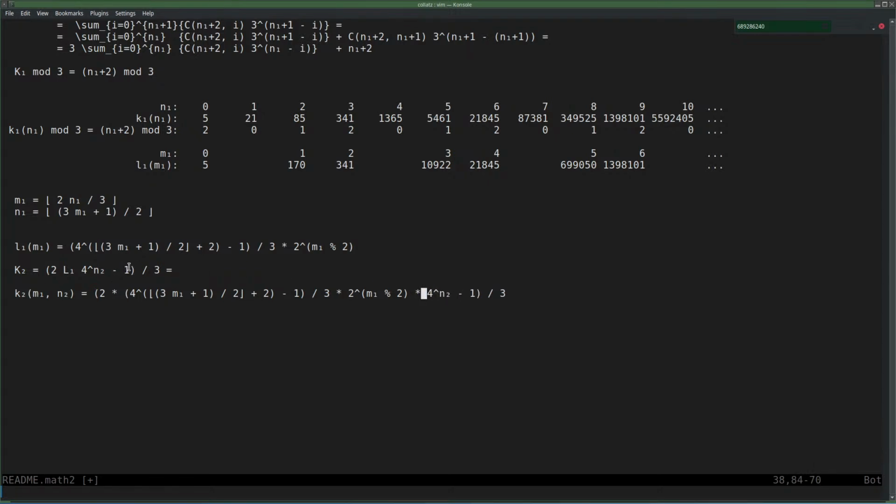And now we subtract 1 and divide by 3, and then everything else here is the L1, which was given here. Which is 4 to the power of something with a floor in it. And then subtract 1 and divide by 3.